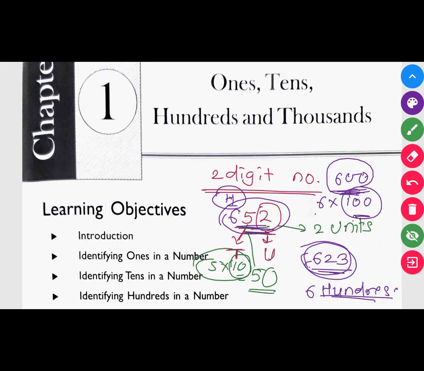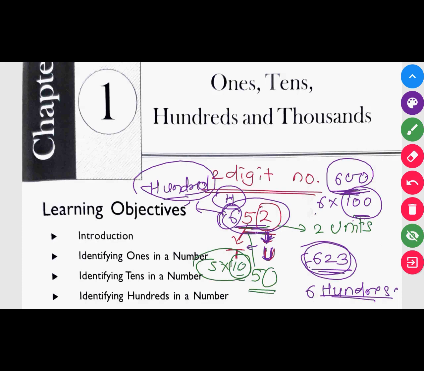And if someone asks how many hundreds are there in this number, or which number is placed on the hundreds place, the number is 6. From right to left, the very right number is in the unit place.